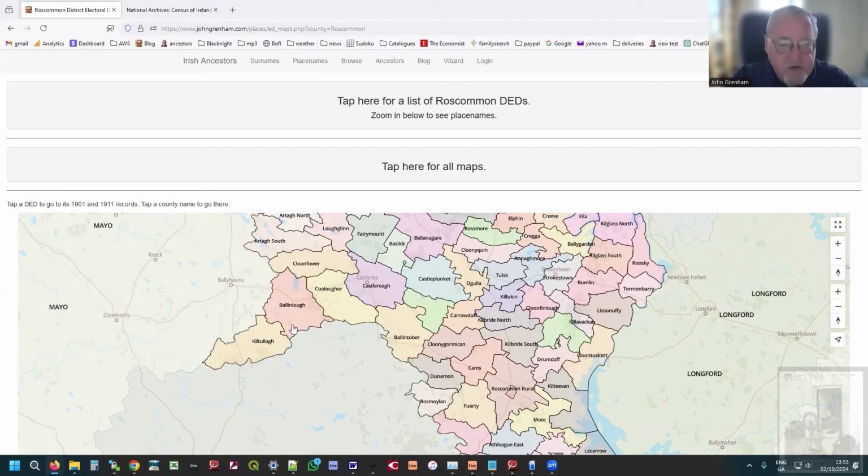Because they each have a representative on the Board of Guardians, and representation depends on property, and it has to be more or less equivalent. So what that means in terms of the geographical outlines of the district electoral divisions is that they're meaningless in geographical terms. They are designed to produce the same amount of tax 150 years ago.